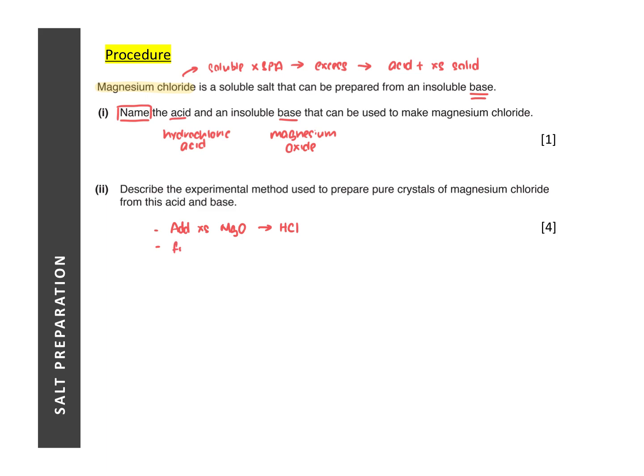Then you need to filter to remove your excess magnesium oxide, and then heat the filtrate until saturated. You need to cool and allow the crystals to form, filter to obtain the crystals, wash with a bit of cold deionized water, and dry by pressing the crystals between pieces of filter paper.